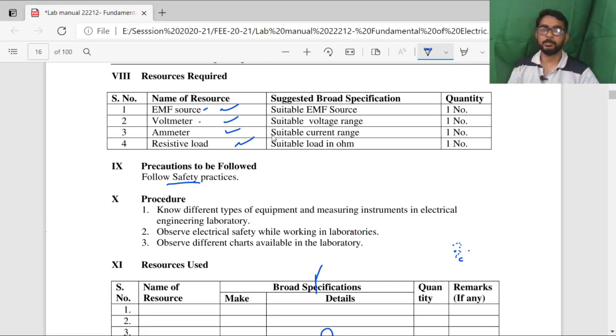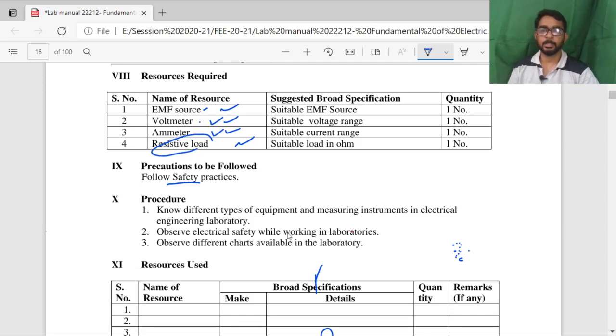If a particular load is connected in series with this EMF source, he will be able to read the voltage by the voltmeter and the current by the ammeter, and this is the resistive load.